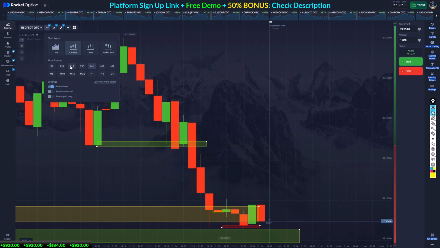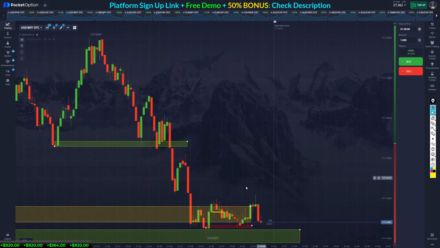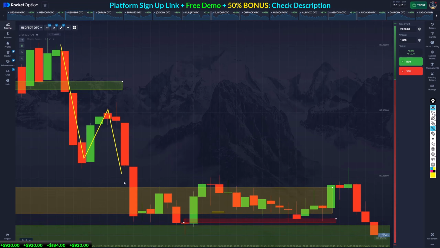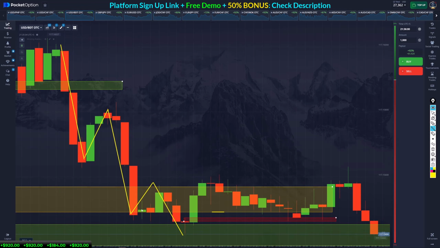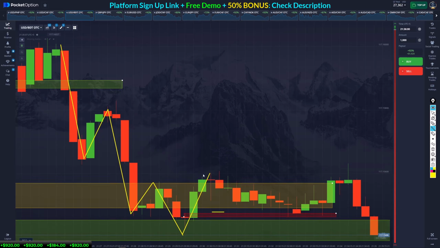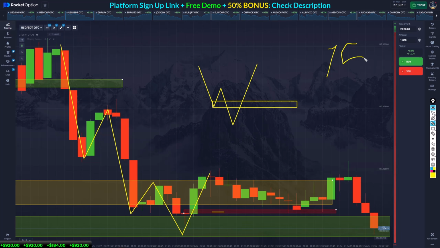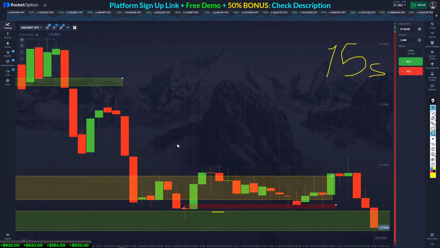If I go back to 15-second, after tapping this area, it created another QM inside of it. If we were coming down, boom, low, high, lower low, and then break the previous high. So it created another QM in 15-second time frame, and my entry was exactly on this demand area on 15-second, right here, and it closed above.